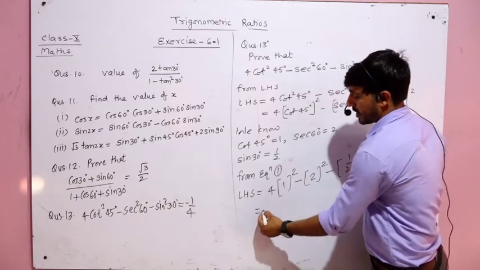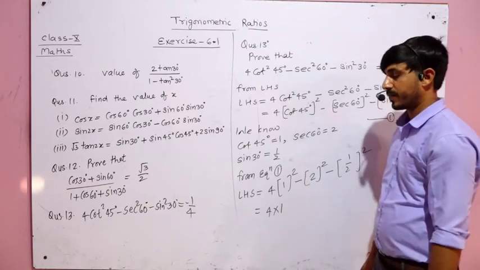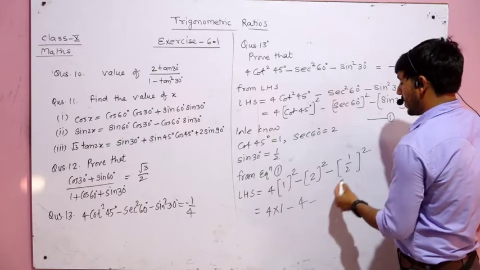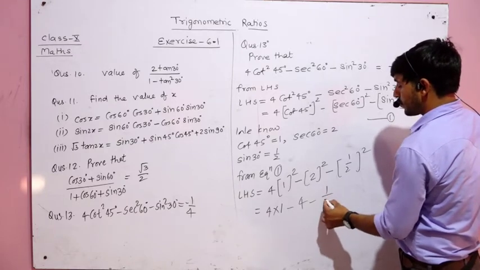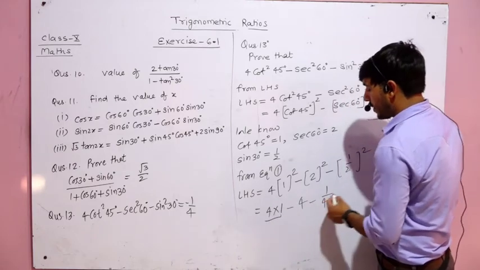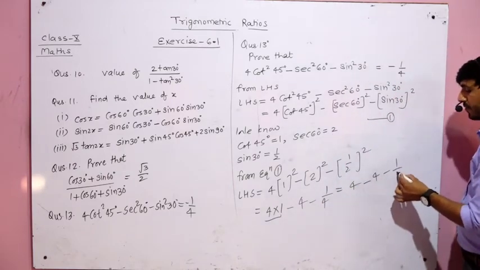The next step: 4 into the square of 1, that is 1, minus 2 square, that is 4, minus 1 by 2 square, that means 1 by 4. It means 4 into 1 is 4, minus 4, minus 1 by 4.